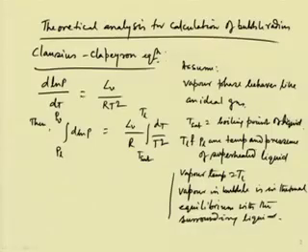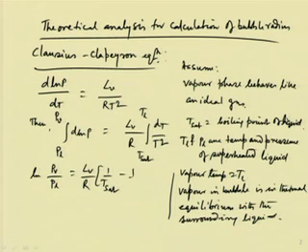So, based on that, if we do this, then we can find that ln PV by PL, by doing the integration, you will get Lv by R, latent heat of evaporation by R, into 1 by T sat minus 1 by T L. Now, let us do a little bit of manipulation.